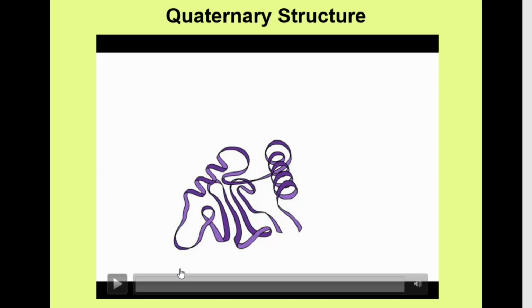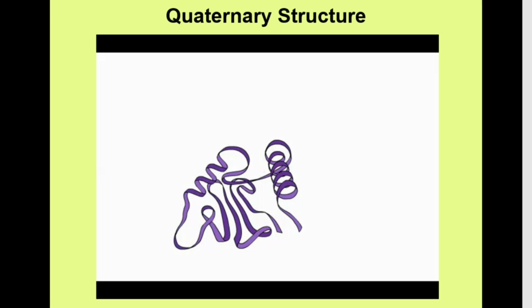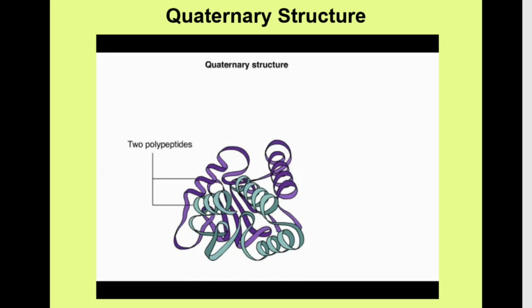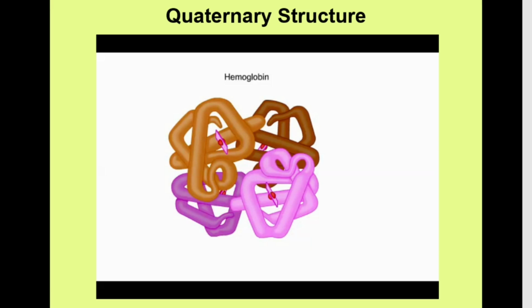So let's have a quick look at the animation for quaternary structure. Some proteins consist of 2 or more polypeptide chains. The 4th level of protein structure, quaternary structure, results from the combination of 2 or more polypeptide subunits. Quaternary structure is stabilized by the same sorts of attractions that stabilize tertiary structure.